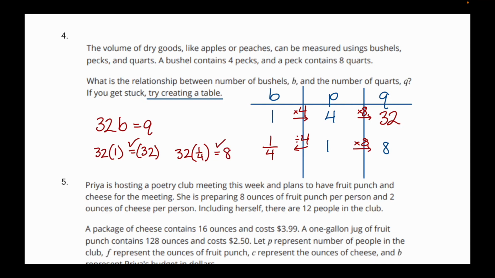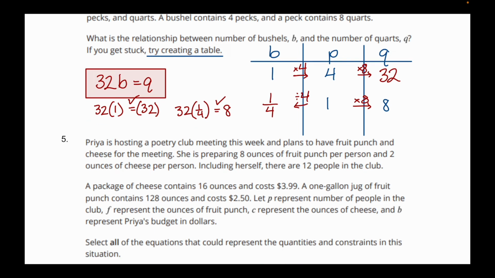That works out as well. 32 divided by 4 does give you 8. So the relationship here, even though it might seem like we should multiply, it's 32 times the number of bushels that would create the equal number of quarts. So that is it for question 4.